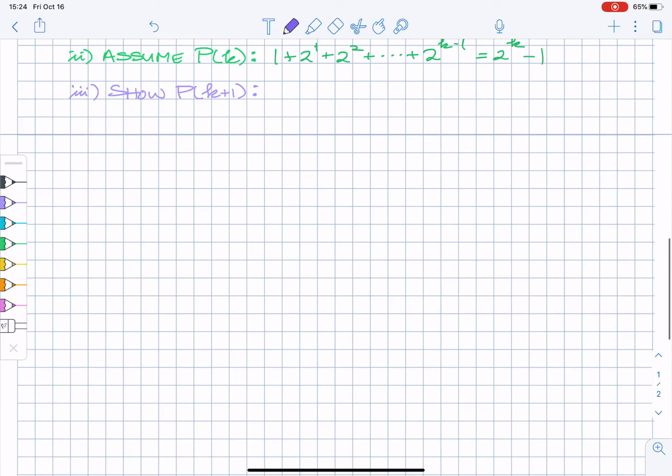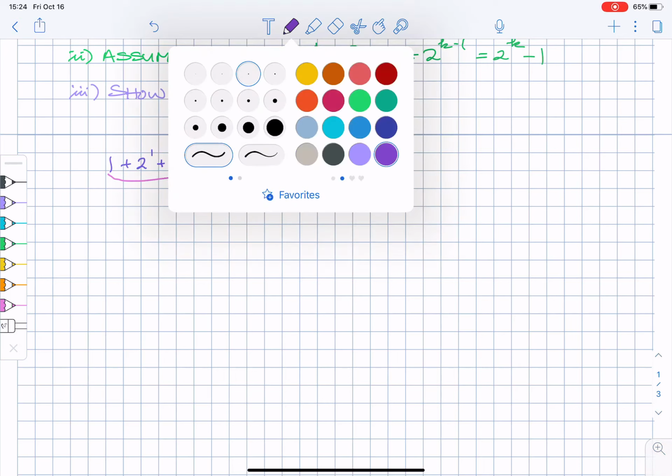Okay, so we have 1 plus 2 to the first plus 2 to the second plus ... plus 2 to the k minus first plus 2 to the k plus first minus first. Okay, well, what do I know about the first k terms by my assumption step? Oops, wrong color.